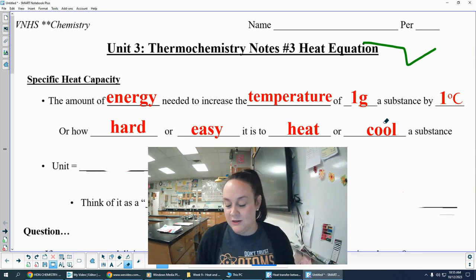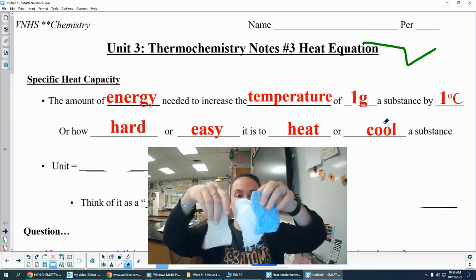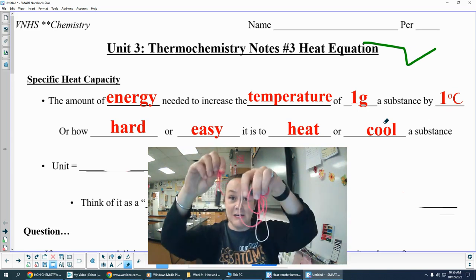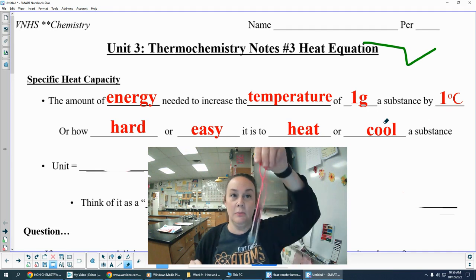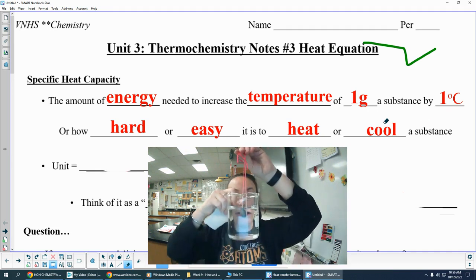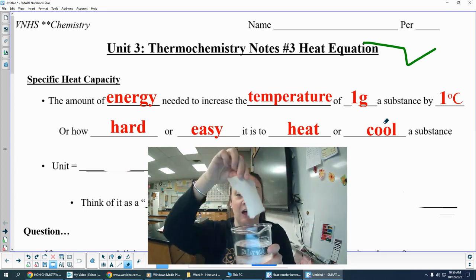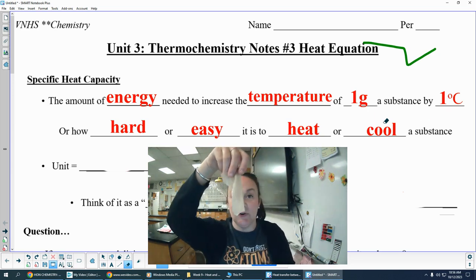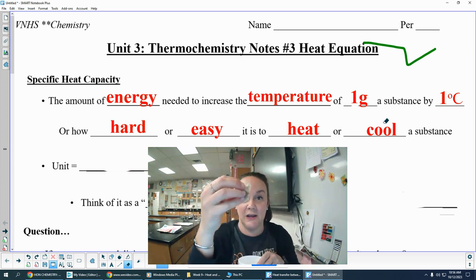While these are roughly the same shape and size, like our 3 metals yesterday, this little piece of lead, when it went into the boiling hot water, didn't take a lot of energy to heat it up. So it's kind of like this paper towel. As soon as I put that in there, it's instantly wet. And how much can it transfer? It can't transfer very much because it didn't take very much to saturate it.